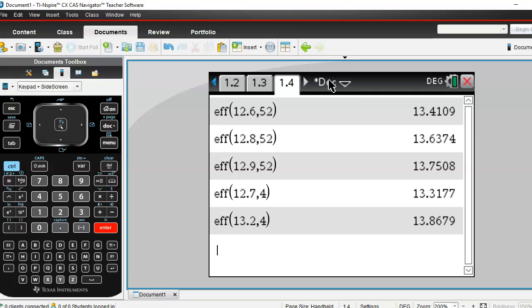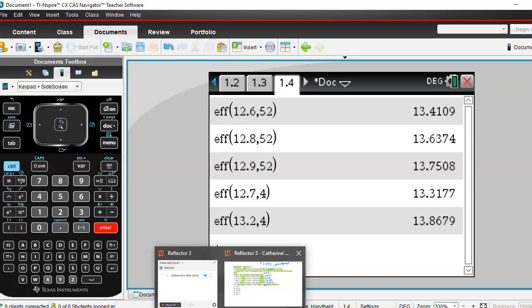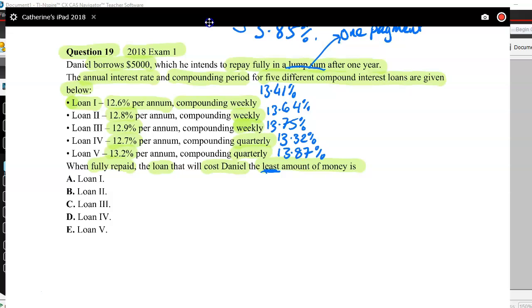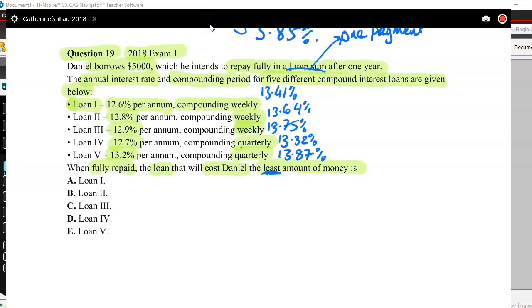So 13.87%. Okay. So looking at all of those, we can start to compare. Now we are looking for the one that will cost us the least amount of money. So we're looking for the one with the lowest effective interest rate. And that is loan 4, isn't it? So my answer there is D, loan 4.